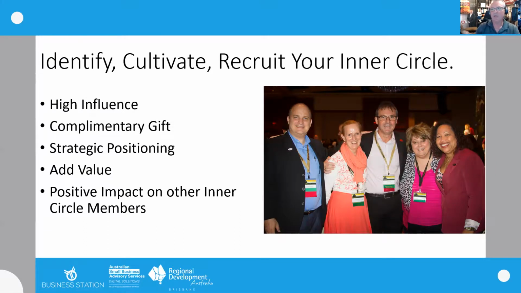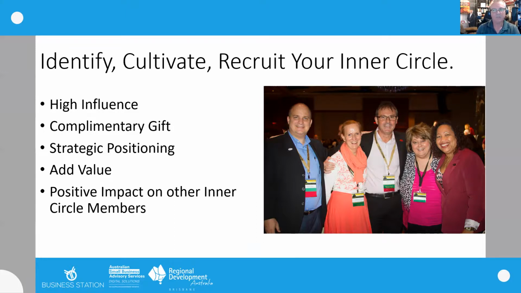So when you're looking at who is going to be part of your inner circle and how do you build trust within this, obviously the people that you want around you and the people that you want to be around are people that can add some influence into your life. They're going to have a complementary gift or a skill that will help you.